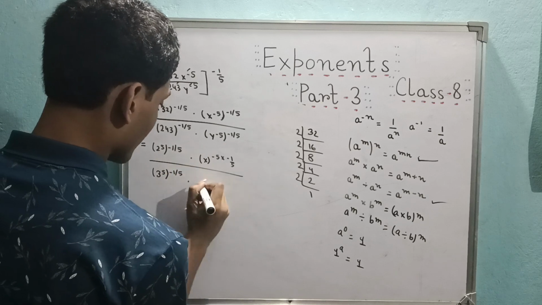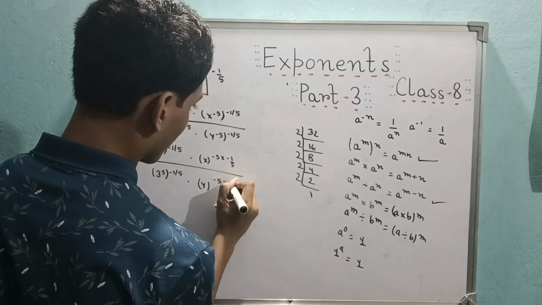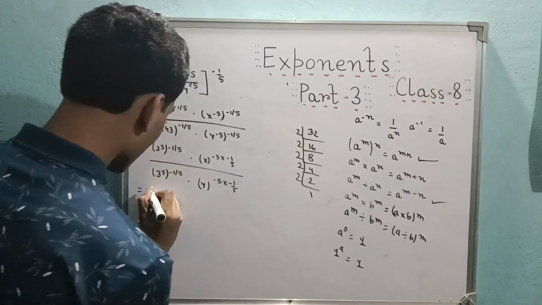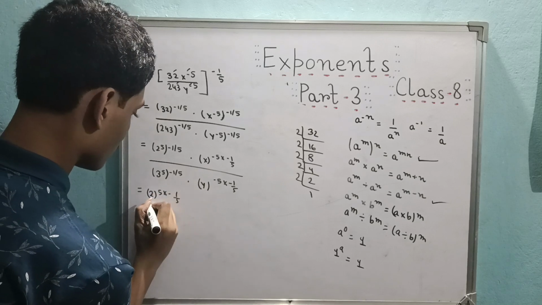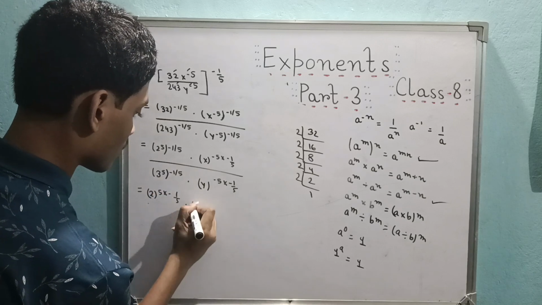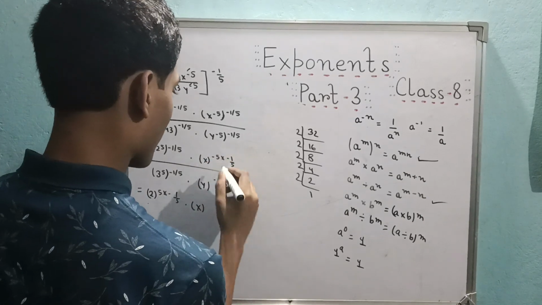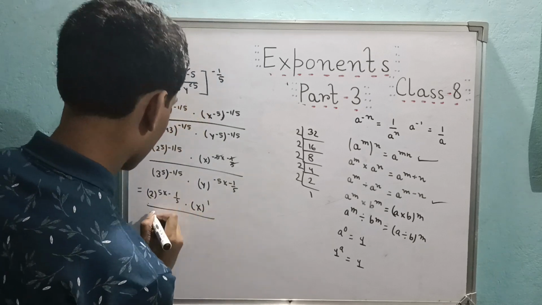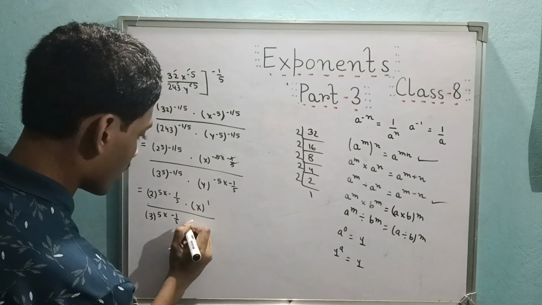Similarly here, minus 5 into minus 1 by 5. Now, again for 2, the powers get multiplied. To the power, this is 5 by 5, all will get cancelled, so x to the power 1 divided by 3 to the power 5 into minus 1 by 5.